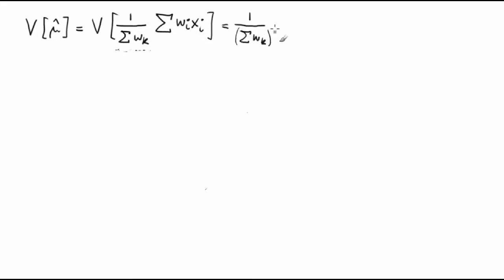So we get 1 over the sum of w_k all squared times the variance of the sum of w_i times x_i. We can continue. The w_i are again constants, so we can take them out. So we get 1 over the sum of w_k squared times the sum of w_i squared times the variance of x_i.